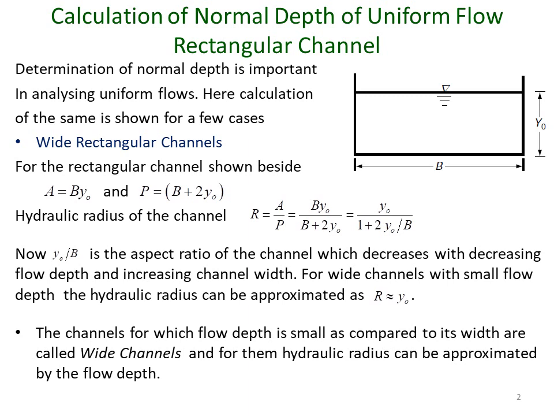We know that the channels of first kind are those channels for which the value of the side slope m is greater than or equal to 0. So rectangular channels and trapezoidal channels fall in this category of channels of the first kind. Now the calculation of the normal depth of uniform flow is very important in the context of analyzing uniform flow.